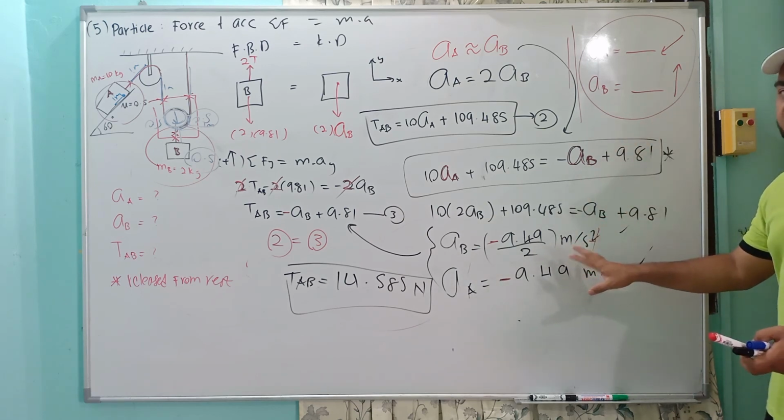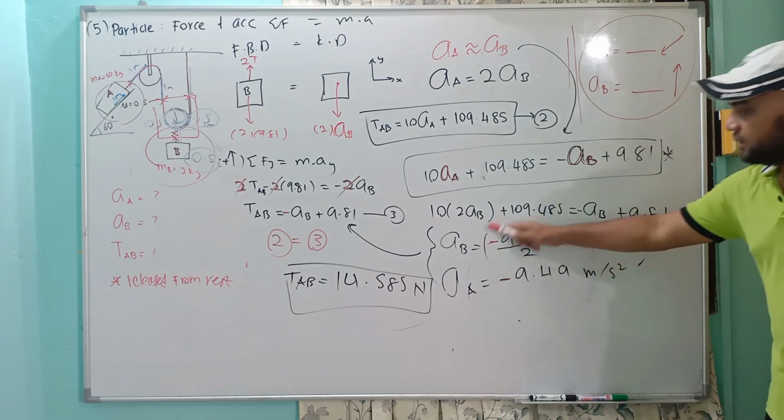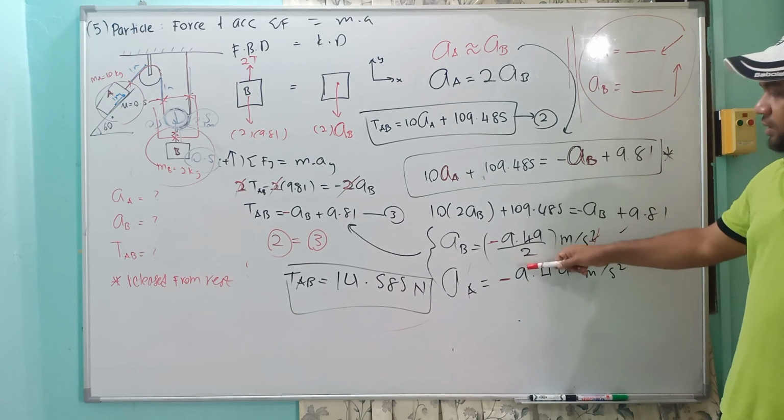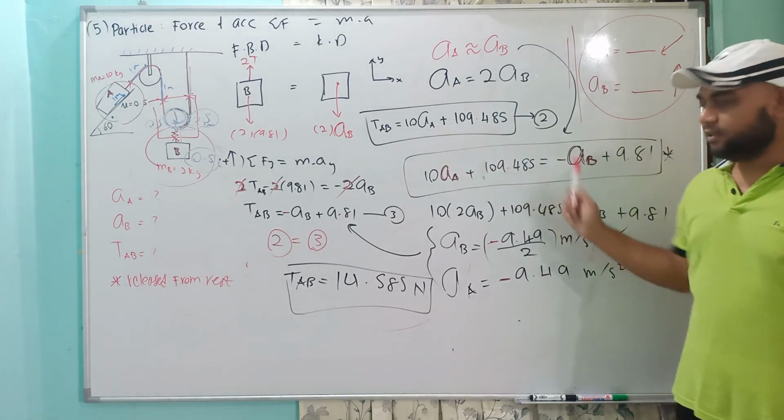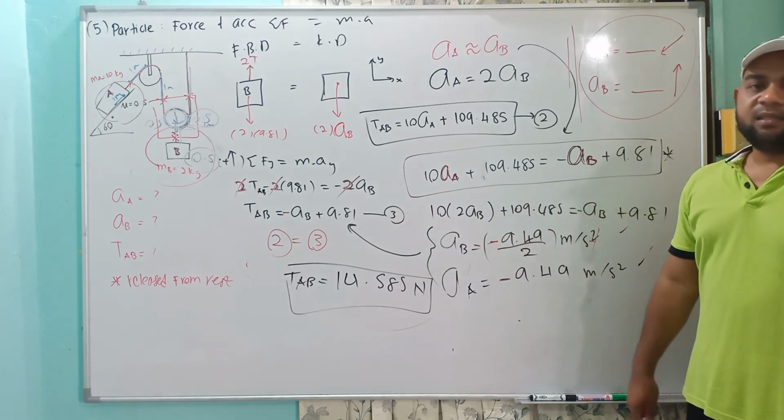The magnitude is correct, only the direction is opposite, because we only assumed the direction and got a negative. For T, we use the original calculation, because it comes from the equation. So you use this acceleration, put it back here, and then we get TAB.